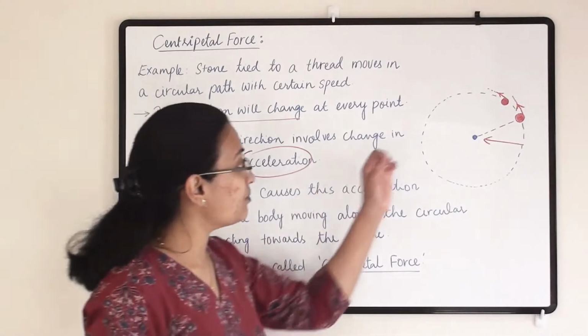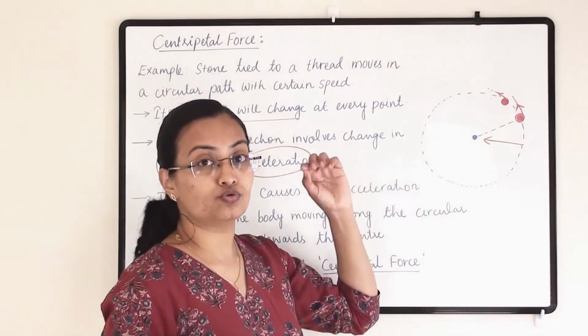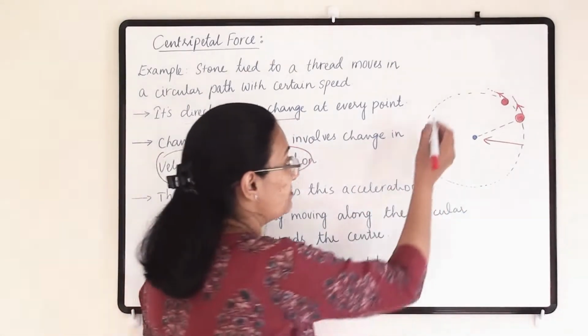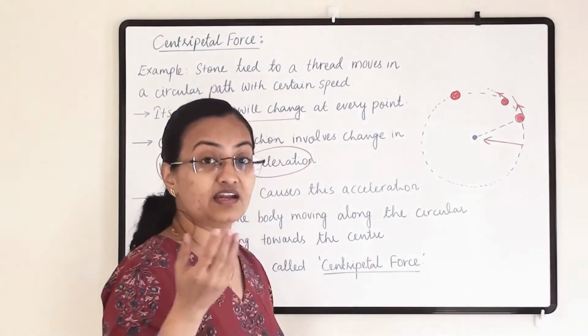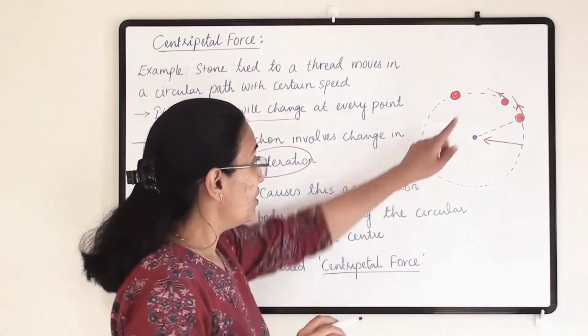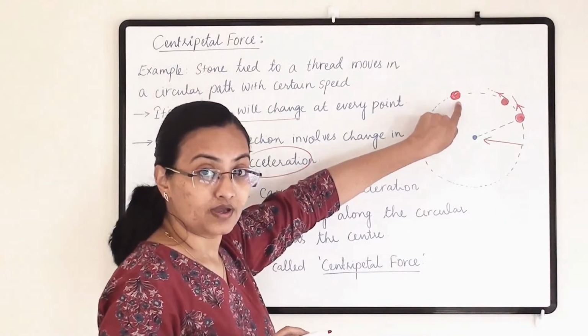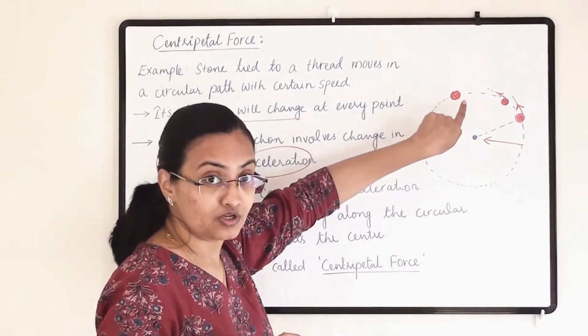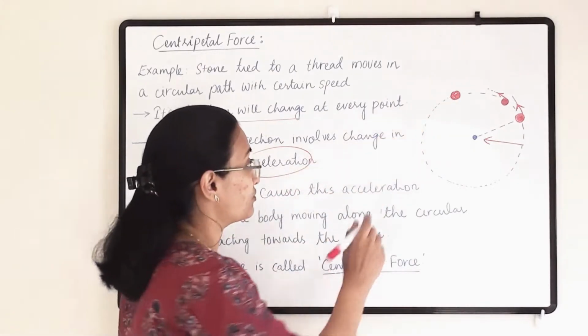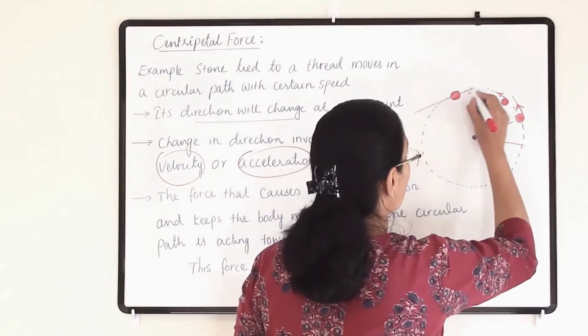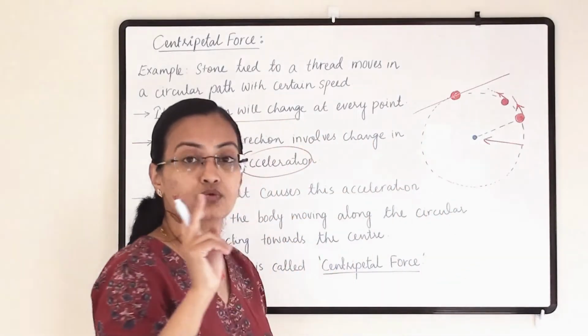Now at any point of time, suppose the stone is here and at the same time we leave it from the hand. When you leave the stone at any point in circular motion, it will go along a straight line, and this straight line will meet the circle at only one point.